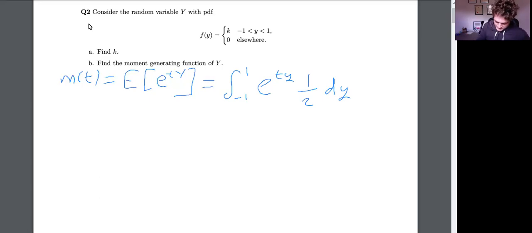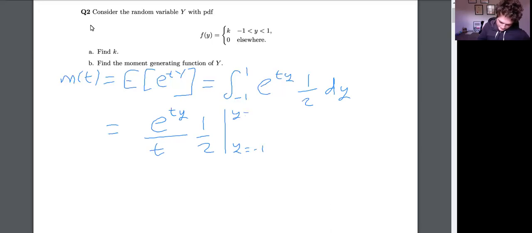So we've just got to integrate this with respect to y. And remember, that means we divide by whatever's multiplying y. So that's actually t in this case. And then we evaluate from -1 to 1. Sorry, we should be more explicit, and maybe we'll say, to make it slightly clearer, we evaluate it from y equals -1 to y equals 1.